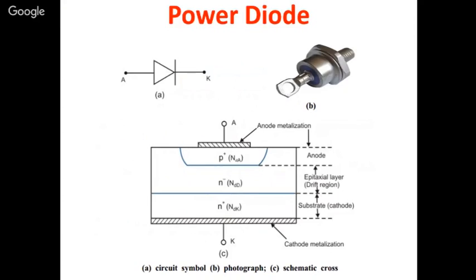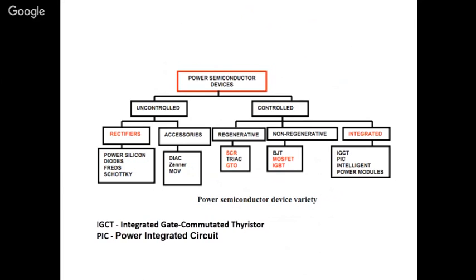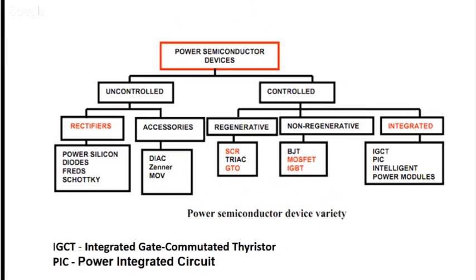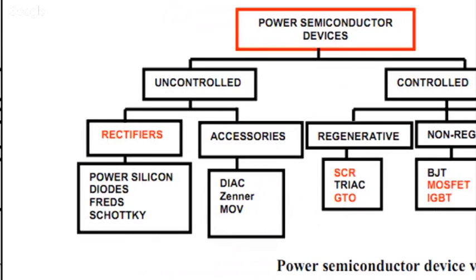It depends there. Next, commonly if you take the power semiconductor devices, you can classify them into two: one is the uncontrolled and another one is the controlled. In uncontrolled, you have rectifiers and accessories.